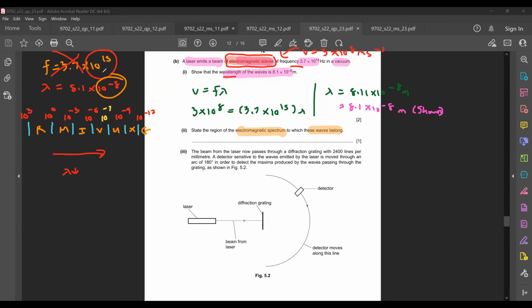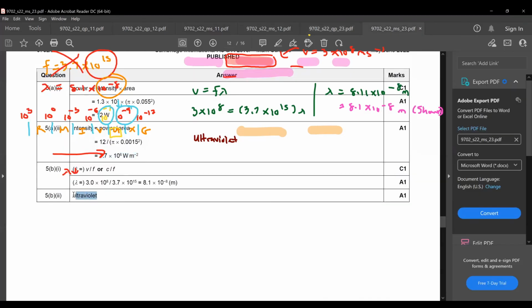Look at where 10 power minus 8 is. It's going to be somewhere in between 10 power minus 7 and 10 power minus 9, which automatically means that it's ultraviolet. So the region of the EM spectrum to which the waves belong is ultraviolet. Okay, so the answer is ultraviolet.